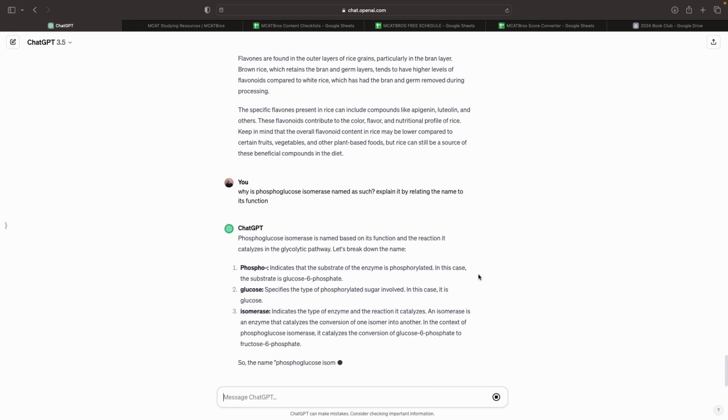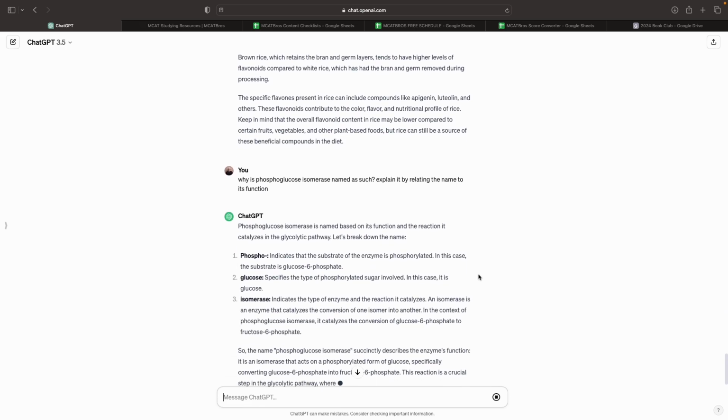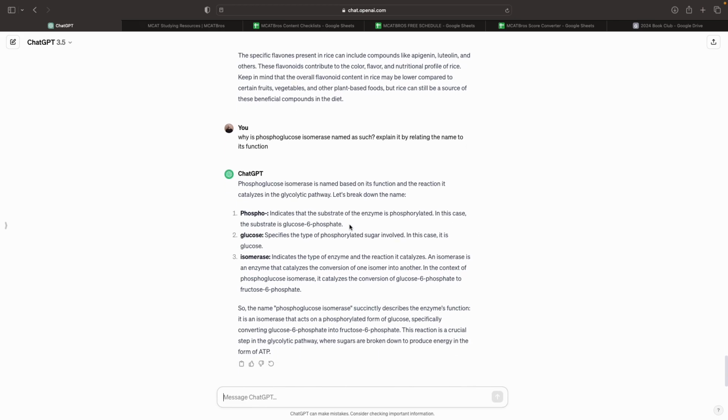It catalyzes a step in the glycolytic pathway. So phospho indicates the substrate of the enzyme is phosphorylated. In this case, the substrate is glucose 6P. The glucose specifies the type of phosphorylated sugar involved. It is glucose in this case.